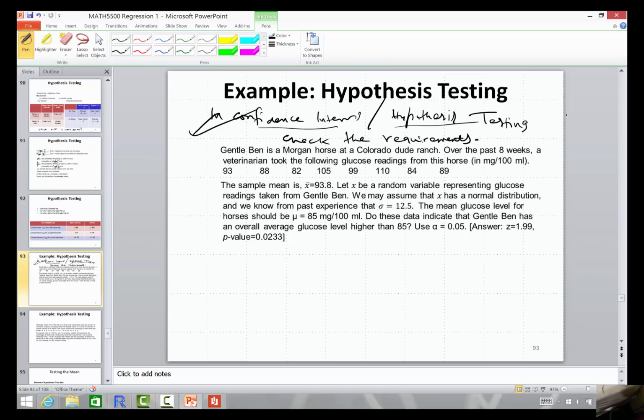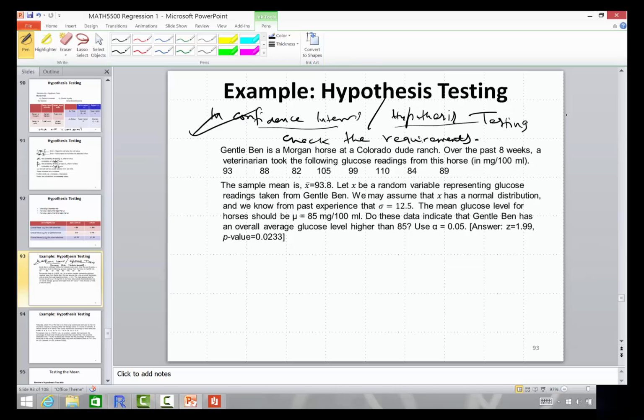What is that? Either the population should be normal, or if not, the sample size should be greater than 30. Note this down if you need it. That requirement should be met.